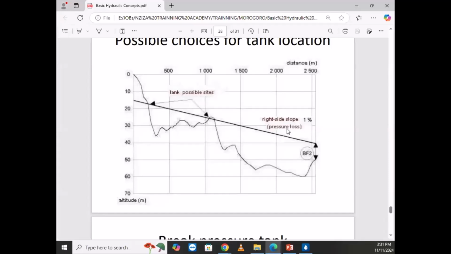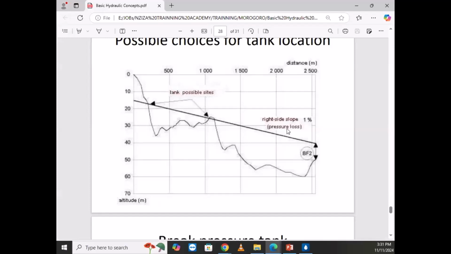So to me, your water has to come from here, go here, and then come here. That's good. The confusing thing is that we extended the altitude. You have to locate your tank where the location is high.